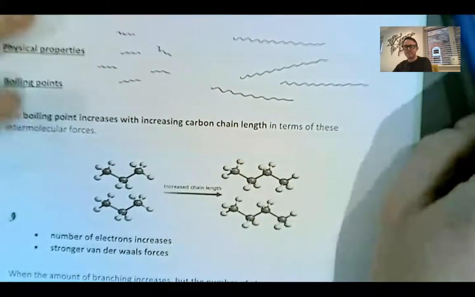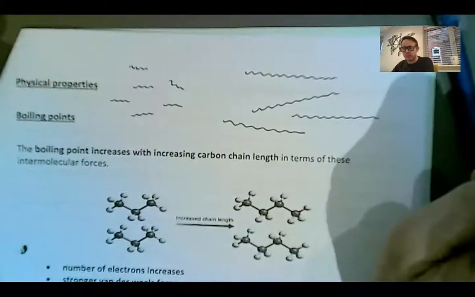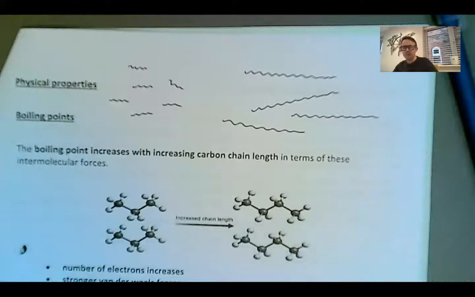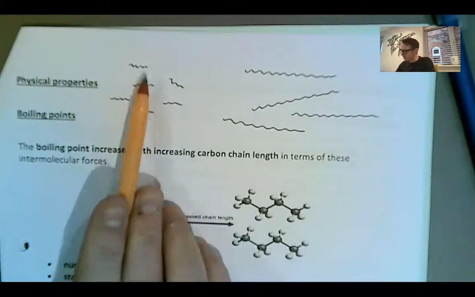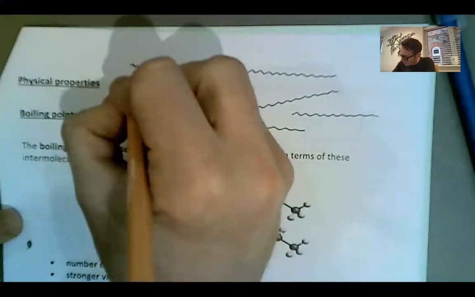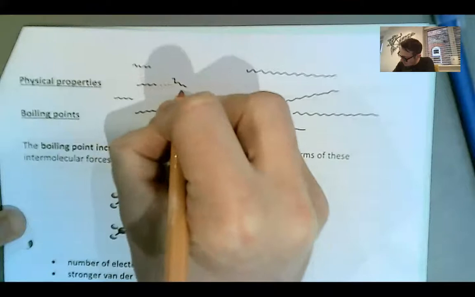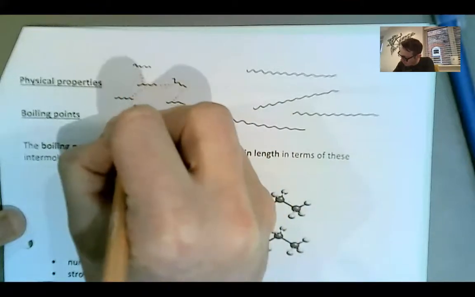Because alkanes have no delta pluses or delta minuses, they don't have any electronegative groups on there or anything like that, these are just relying entirely on van der Waals intermolecular forces. Because these are relatively small molecules, their van der Waals forces are going to be quite weak. There's not going to be very many of them because there's not very many points of contact.